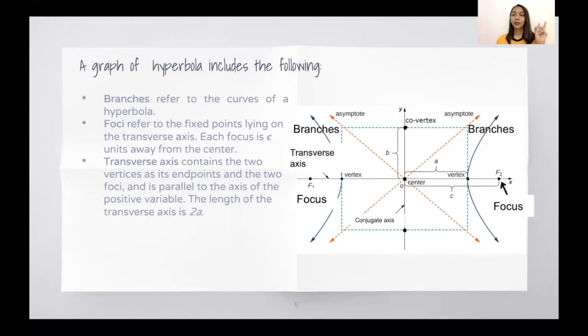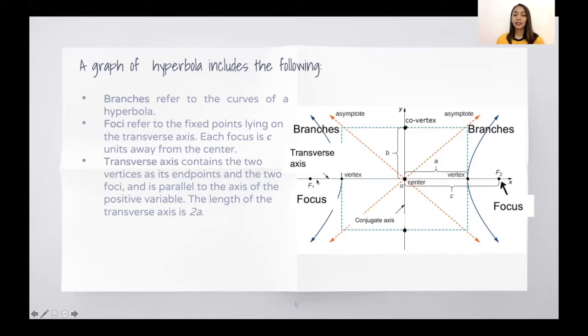So there are two types of axis of symmetry in hyperbola, same with ellipse. We have first the transverse axis. It contains the two vertices as its endpoints and the two foci, and is parallel to the axis of the positive variable. The length of the transverse axis is 2a.